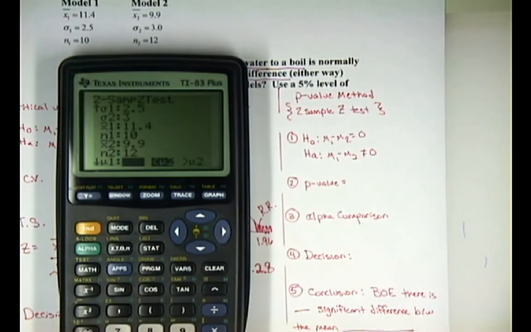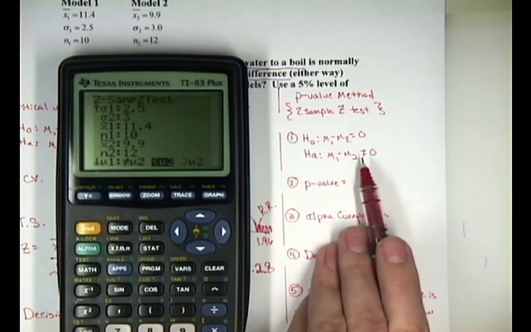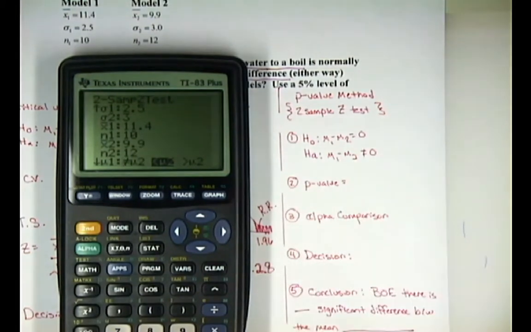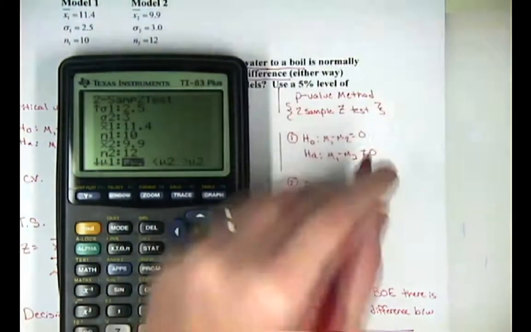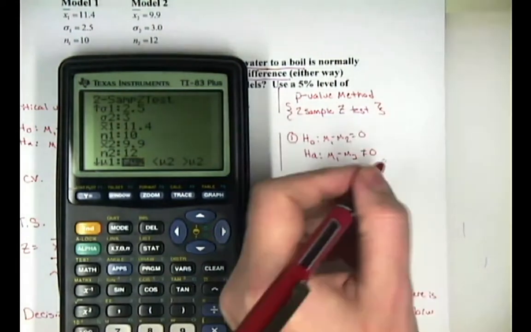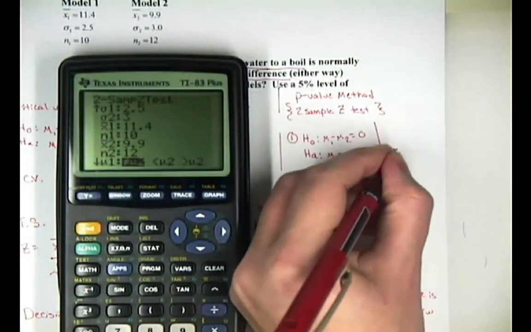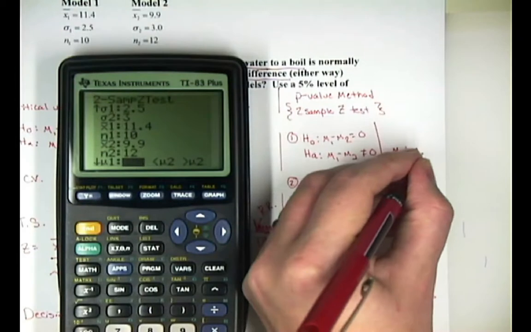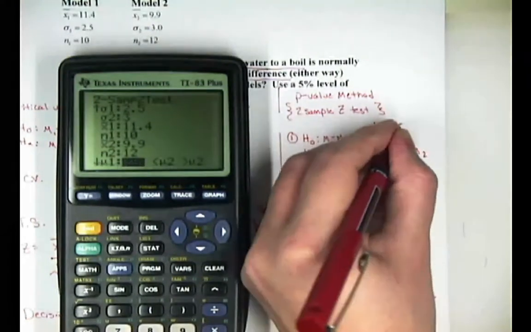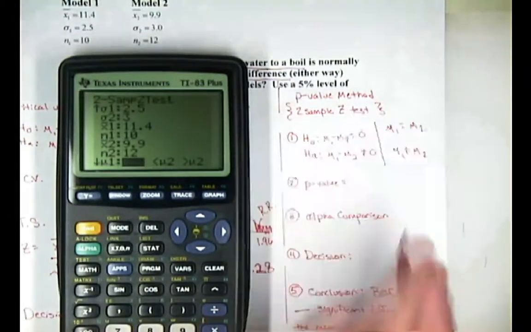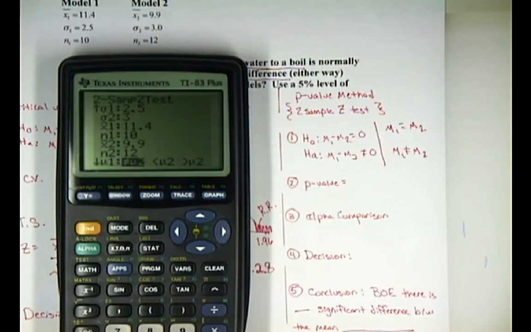Now we want to select our correct alternative hypothesis statement, which we have a not equal to statement, so we need to select mu1 not equal to mu2. The calculator uses the other setup, which is mu1 not equal to mu2 and mu1 equal to mu2, which is fine. It just depends on what text you're using.